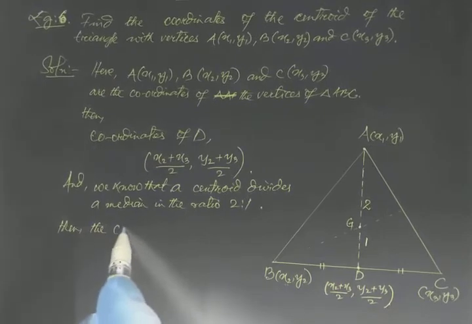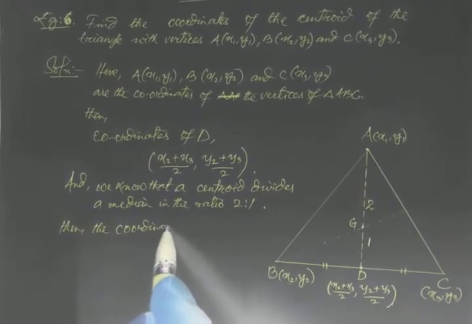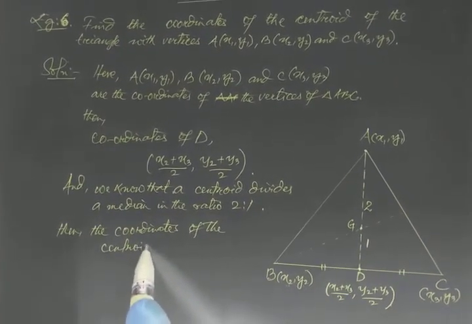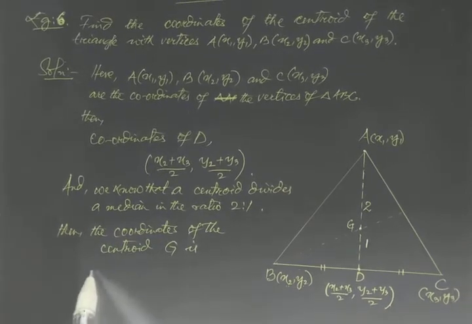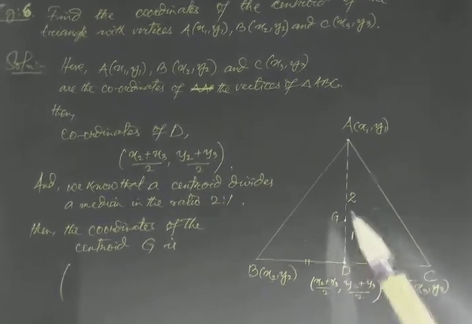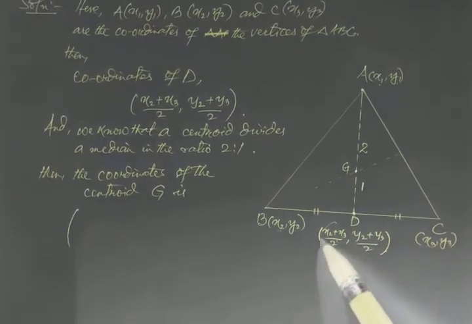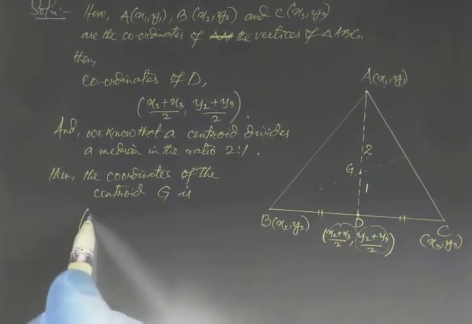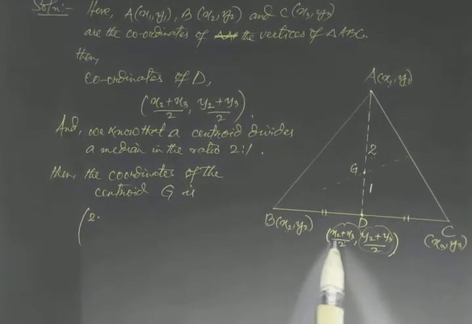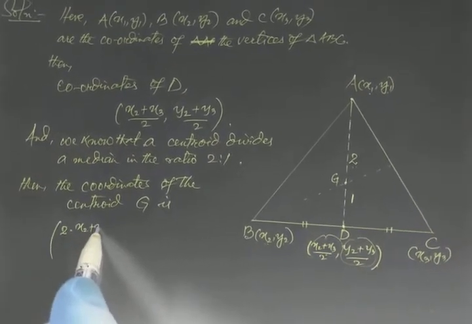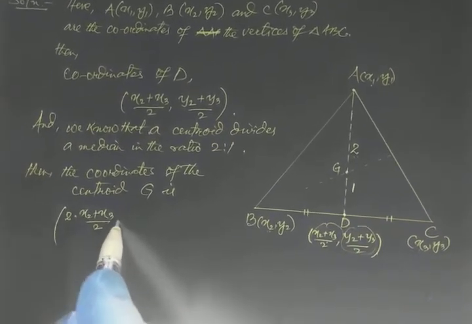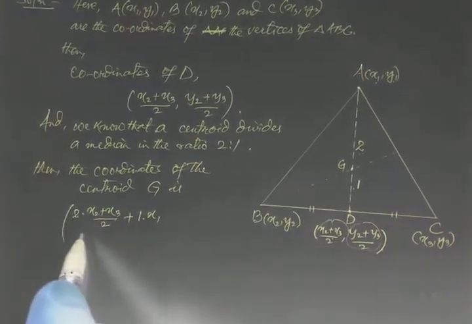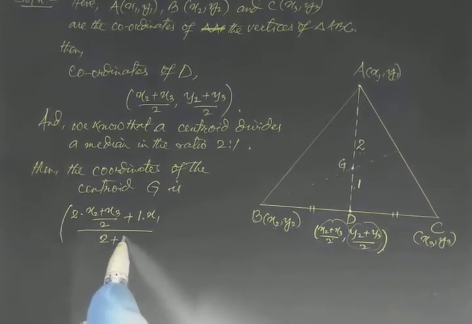Then the coordinates of the centroid G are given by, let us write m:n. Let us consider these as (x1, y1) and (x2, y2). M is to N. So for x, it is m times x2 plus n times x1, divided by m plus n.